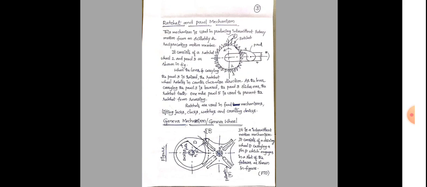Later, I explained the intermittent motion mechanisms, where we have discussed three types. One is the toggle mechanism, the next one is the ratchet and pawl mechanism, and the Geneva wheel or the Geneva mechanism.